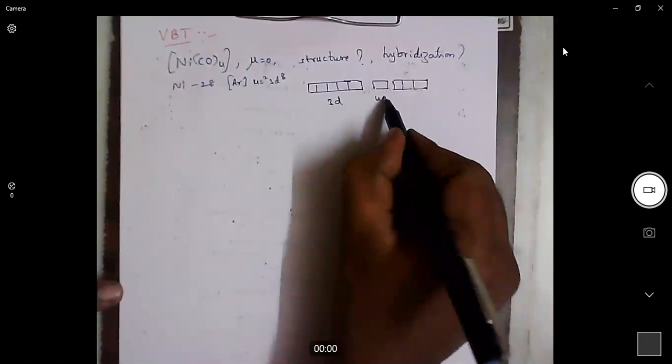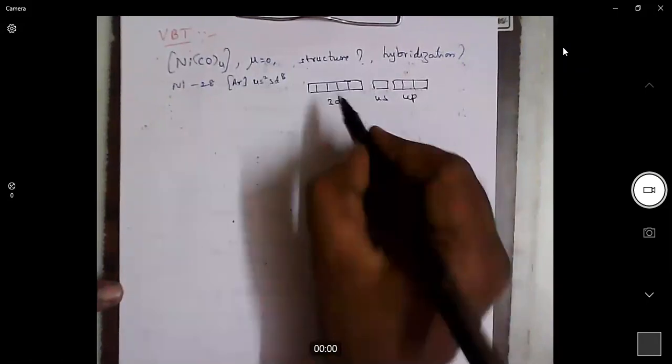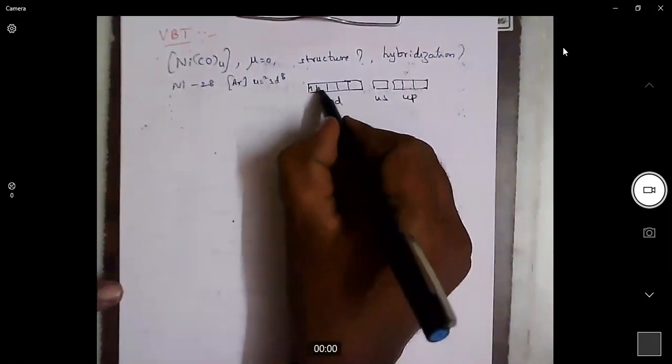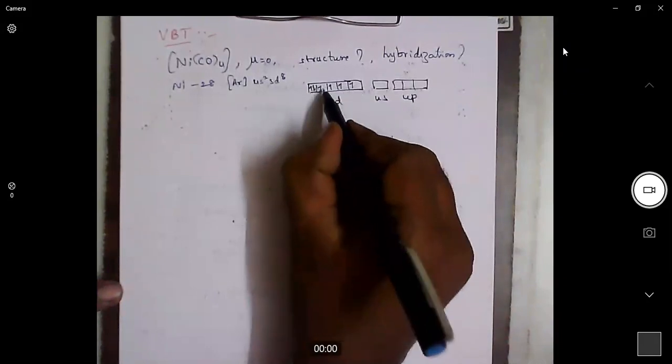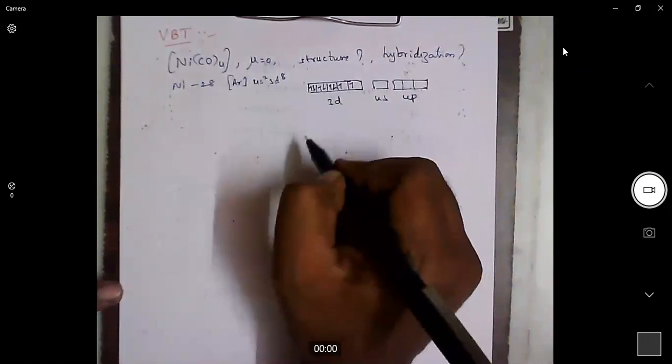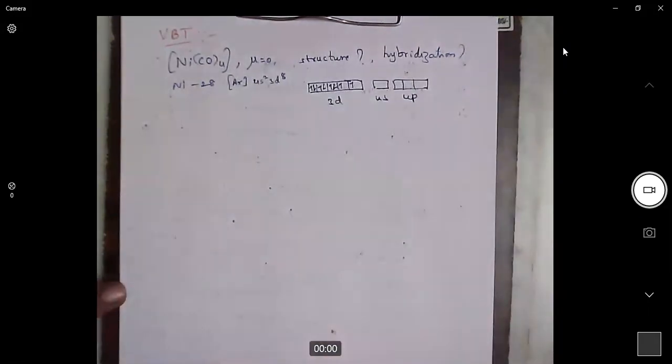Three d, 4s, 4p. There are 8 electrons in the d block: 5, 6, 7, 8. Then there are 2 electrons in the s orbital.